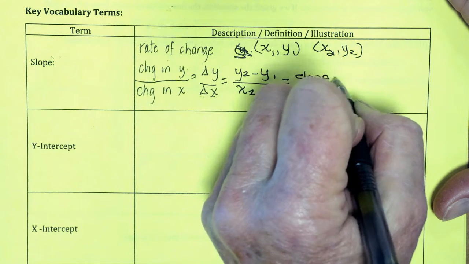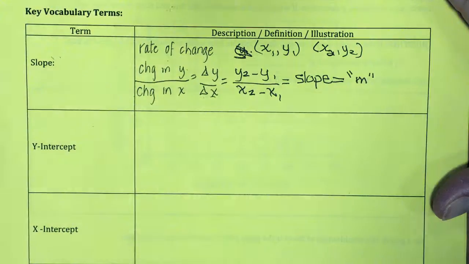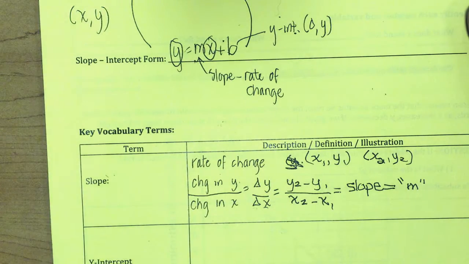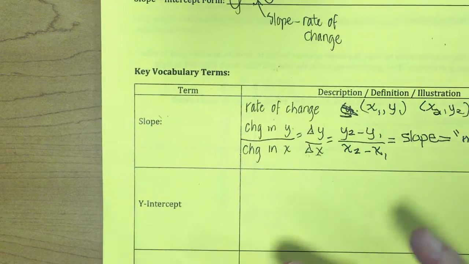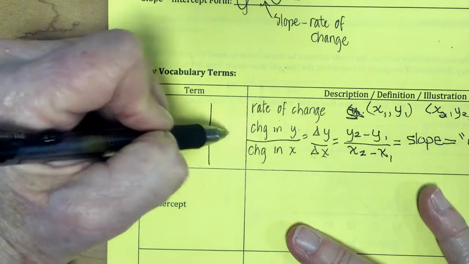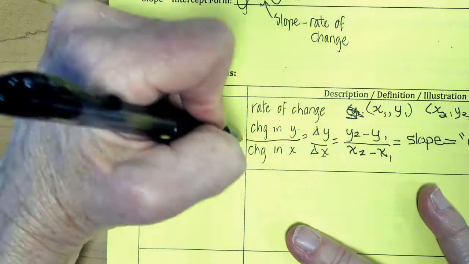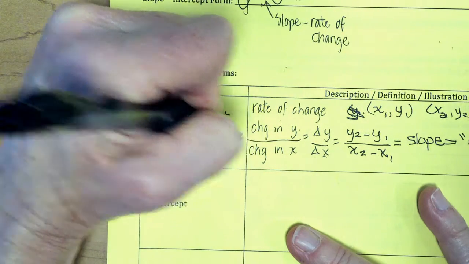And everybody knows that slope is the letter m in this equation, y is equal to mx plus b. So there's something else about slope that I want to point out. I'm going to draw a quick coordinate plane right here. This is x and y. I could have a positive slope.